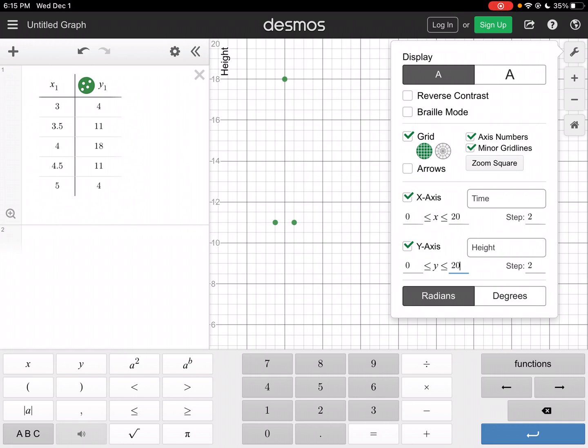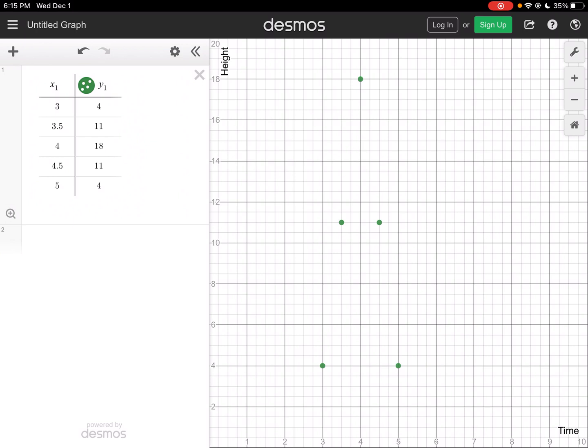Actually, if I look at my x-axis, I don't need to go from 0 to 20, do I? Because my biggest number is 5. So let's back that off. Let's have my time go from 0 to 10. I'll count by 1s then, because there's no reason to go out to 20. Now you can see that. The nice thing about Desmos is I can label with my time and my height. You can see that right there.